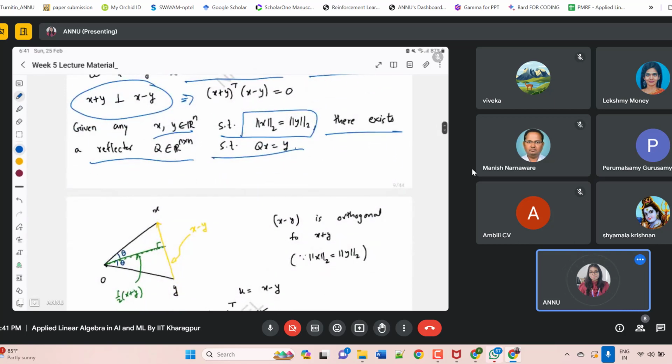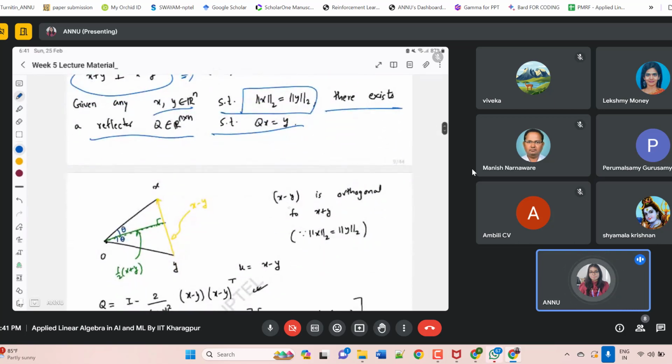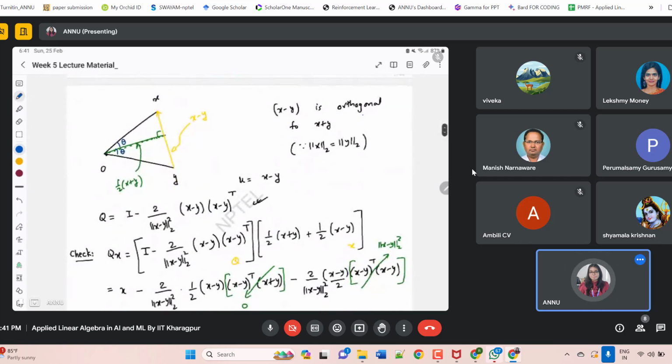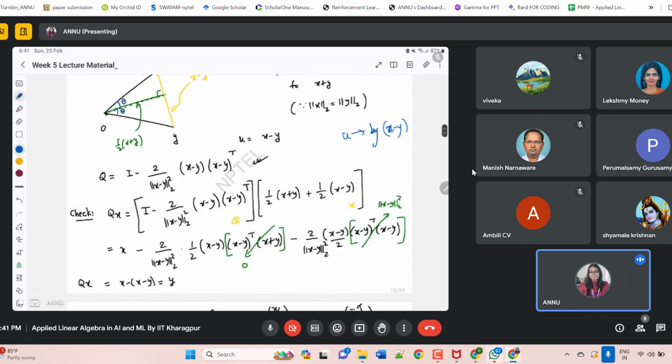Now, since x minus y is orthogonal to x plus y, Q is nothing but replacing u by x minus y. If you solve this, Q equals I minus 2 over mod of u square, x minus y multiplied with x minus y transpose.